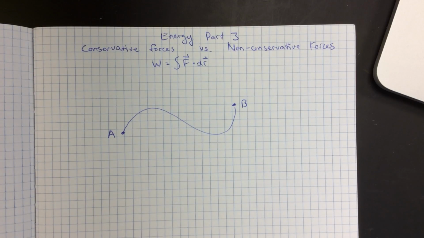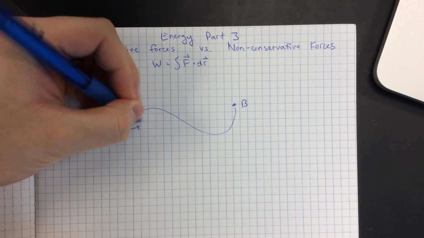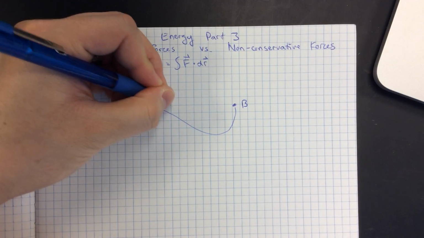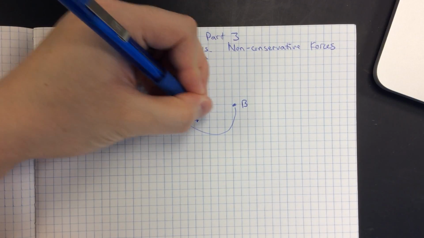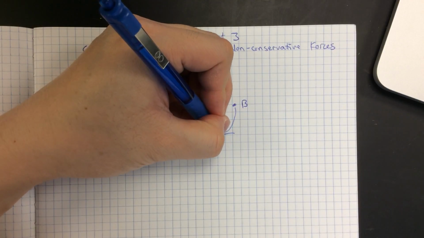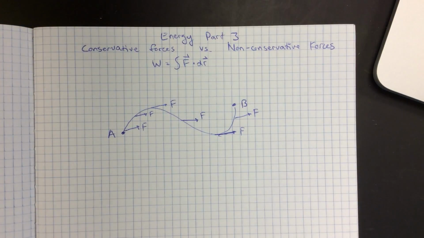The particular force that we're interested in, we'll say is force F. And at various locations, it is pushing always in the same direction. I'm trying to diagram this as best as I can. It's always pointing in the same direction, kind of like gravity.